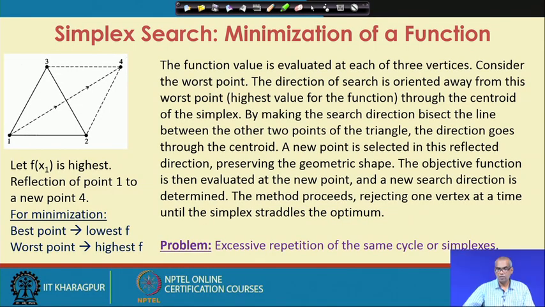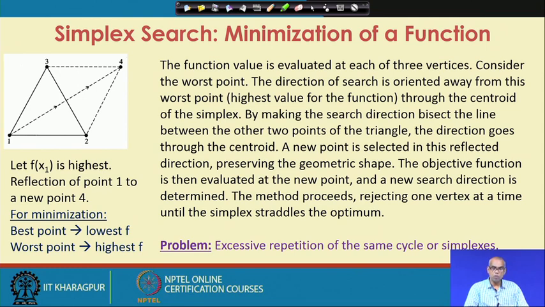So, now let us put it in formal language. The function value is evaluated at each of 3 vertices. Consider the worst point. The direction of search is oriented away from this worst point, that means the highest value for the function.